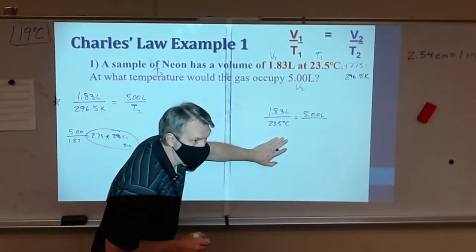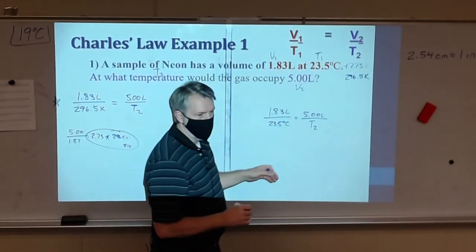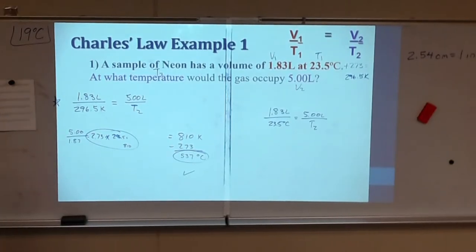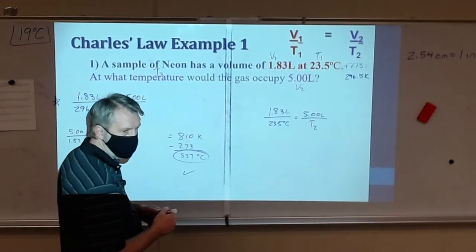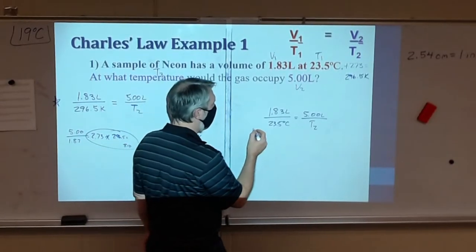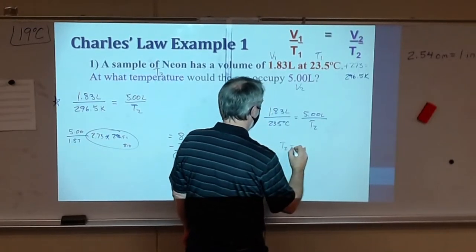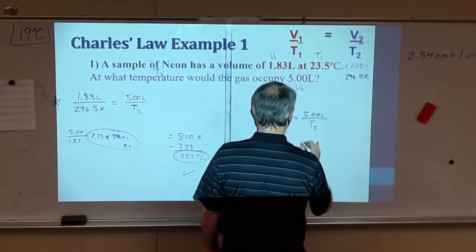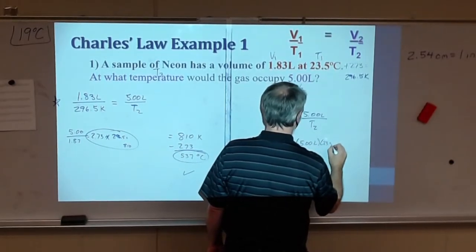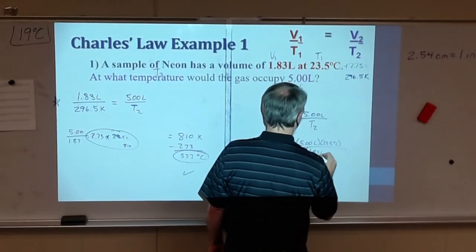Let's go see what happens if we do it wrong. Plug those numbers in and tell me what you get in terms of Celsius. Actually do it because I want you to see this.